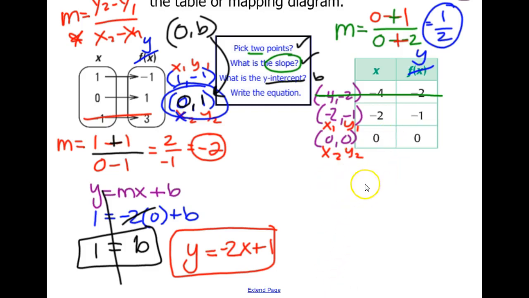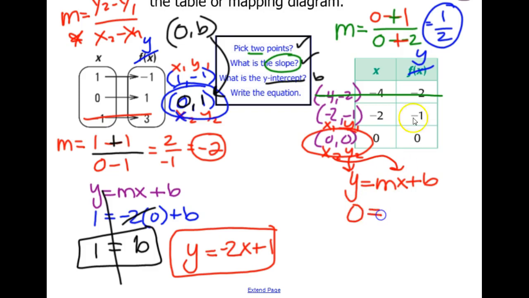So this is another one. We have our slope. We could use our equation y equals mx plus b. And I would like to plug in 0, 0. So if I plug in 0 for x and for y, we'd have 0 equals, our slope is 1/2, times 0 plus b. Well, anything times 0 is 0, so we have b equals 0.